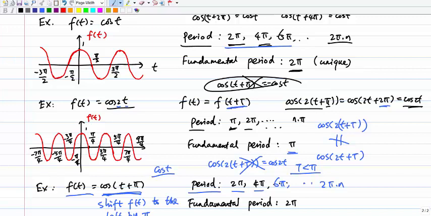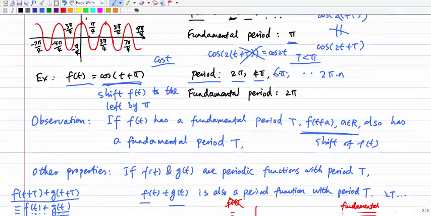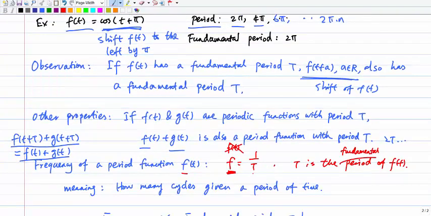For example, you start from here and end here. This is called a period, a cycle. Within one unit of time, how many cycles do I have? Based on the definition, it's just 1 over T, because it takes T time, the fundamental period, to get one cycle. That's why the number of cycles per unit time is just 1 over T.